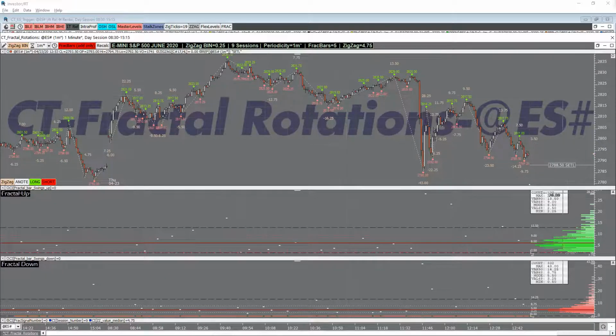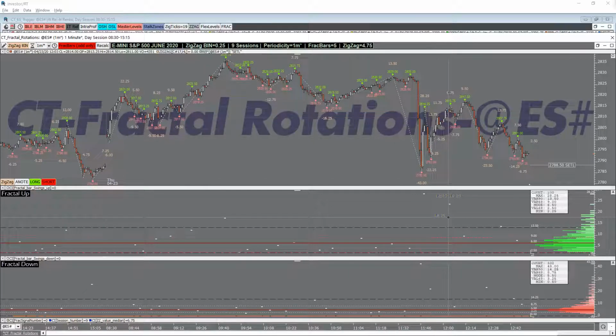If I'm using the last 10 sessions, and what is normal is 9 points, it tells me that if I go in here with a 2-point stop, I am below the value low of any given rotation. The value low here is 2.5 points, so what's normal is somewhere between 2.5 points and 9 points. If I use a 2-point stop, I'm essentially saying that is way inside of what is normal for this product.